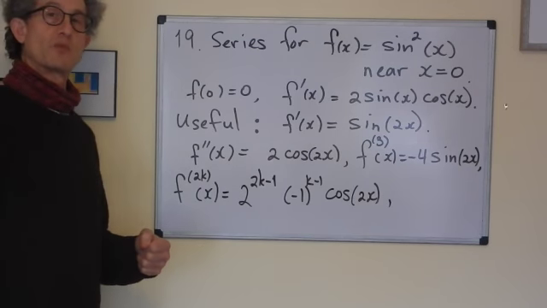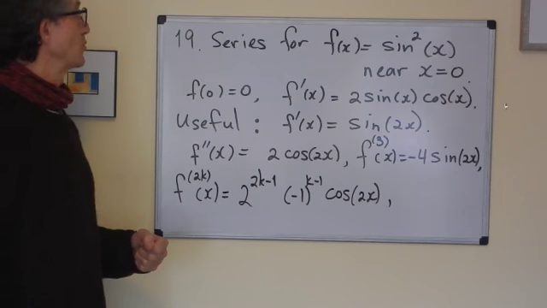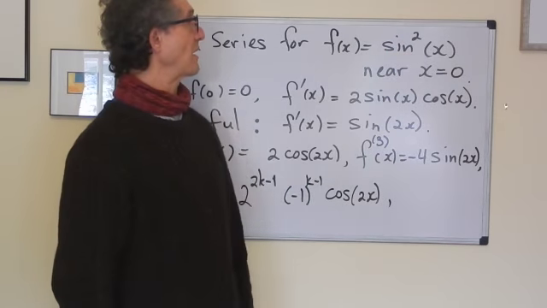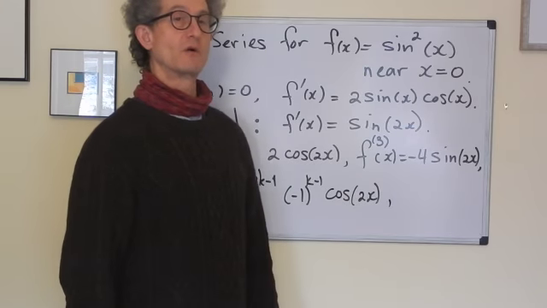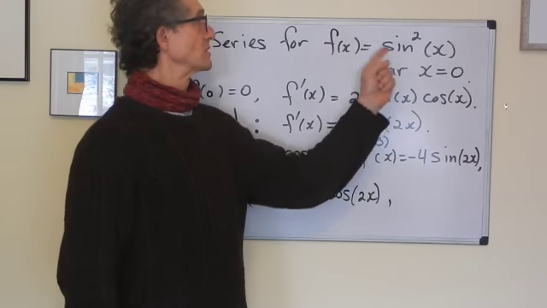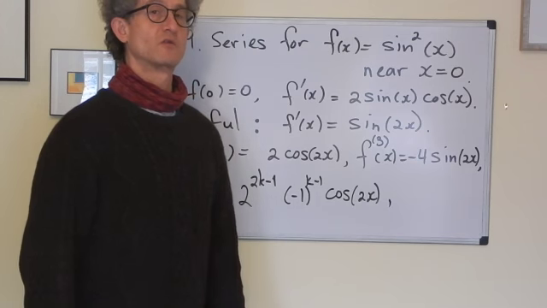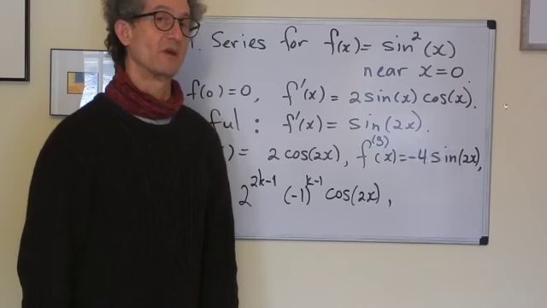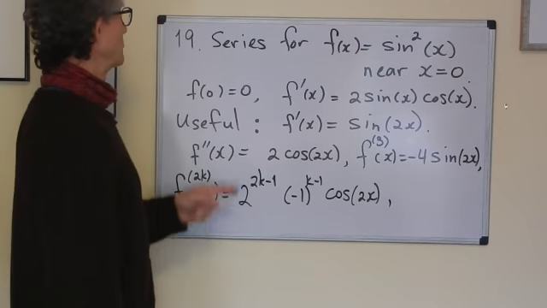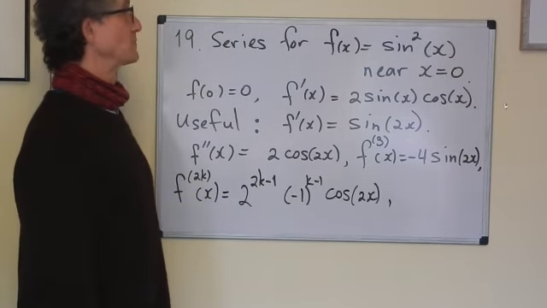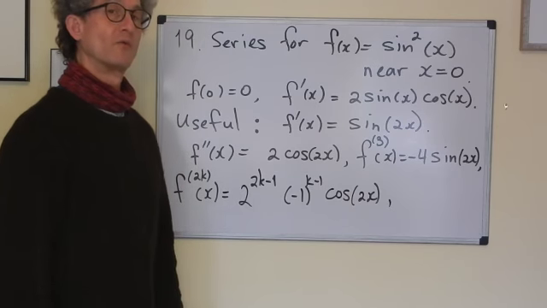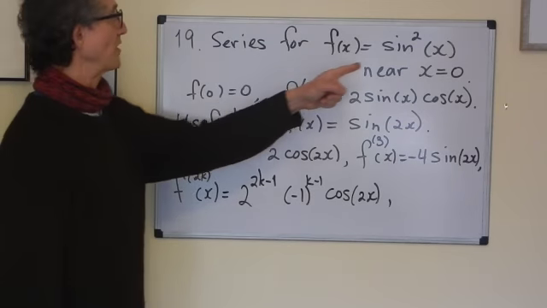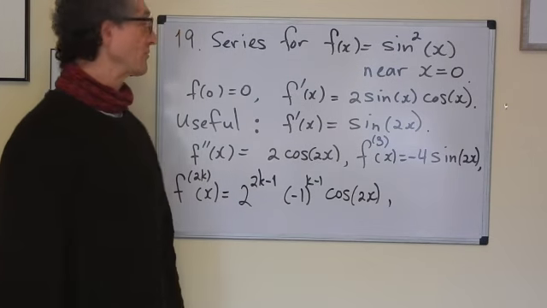Our second example of a power series here will be a power series for sine squared x near x equal to 0. We know the power series for sine of x, but squaring that series is pretty awkward because it has very many terms. So let's look at it directly from what we know about Taylor series. f at 0 is 0, sine of 0 is 0, so squaring that gives 0.